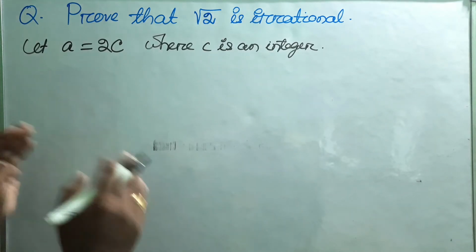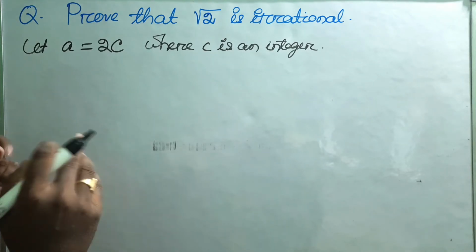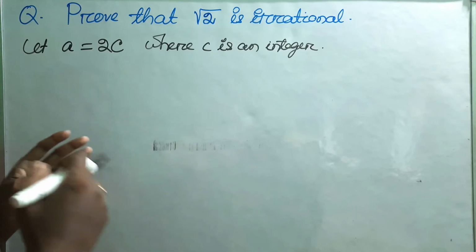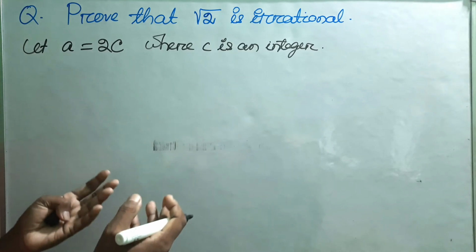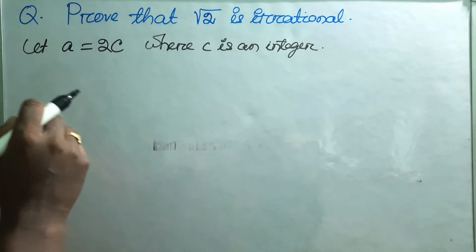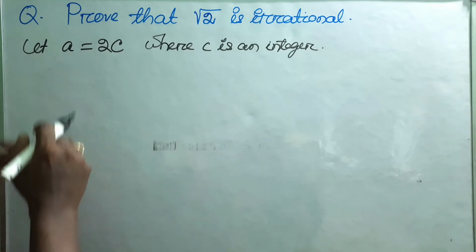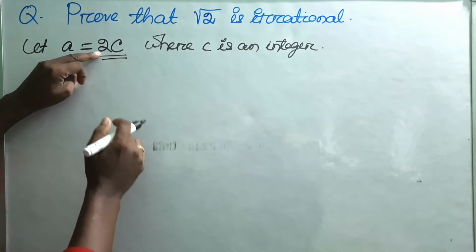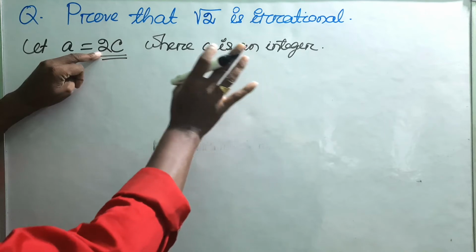We have proved that a is divisible by 2. If a is divisible by 2, that means a must be a multiple of 2. Since it is a multiple of 2, we have represented the multiple of 2 in this way, where c stands for any integer.